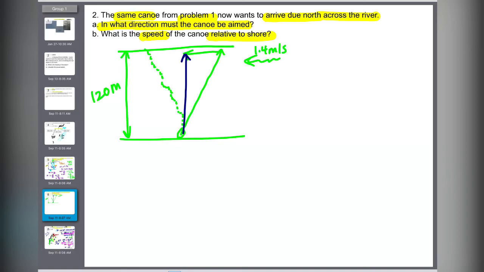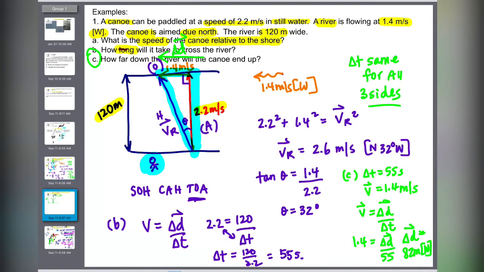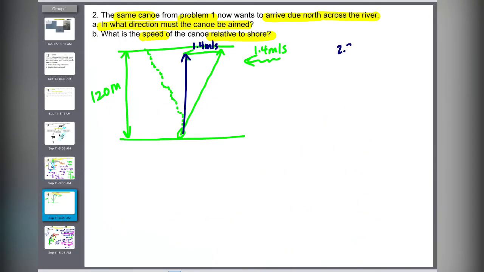Okay, so where does 1.4 go? I think 1.4 is the current, so it's pretty straightforward that the 1.4 meters per second is here. The only thing I do not know is where does the 2.2 go? So 2.2 is the velocity of the canoe when there is no current, right?